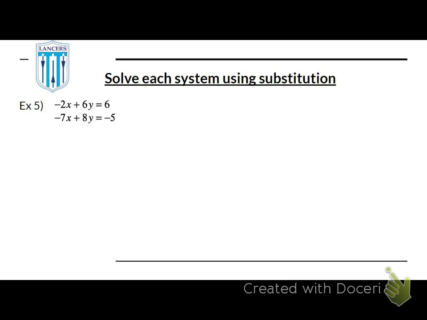Okay, but if we look at the top one, which one would it be easy to divide everything by? -2. Which means we're going to be solving the top equation for x. So you have to be able to look at these and decide which equation and which variable you should be solving for.